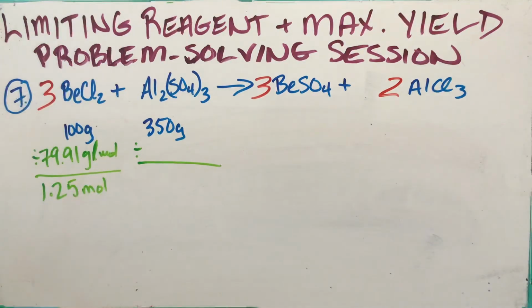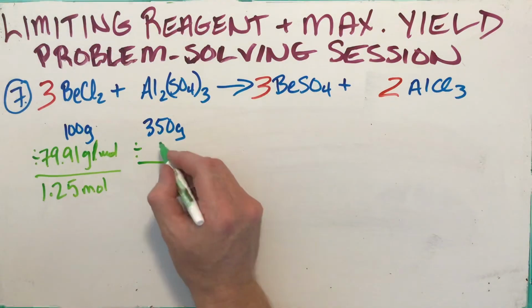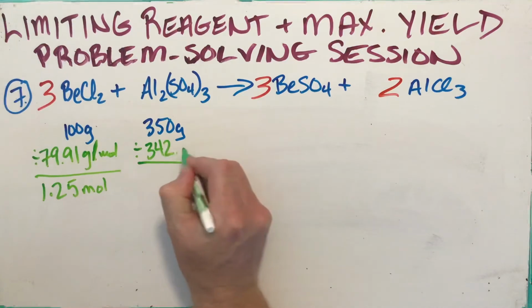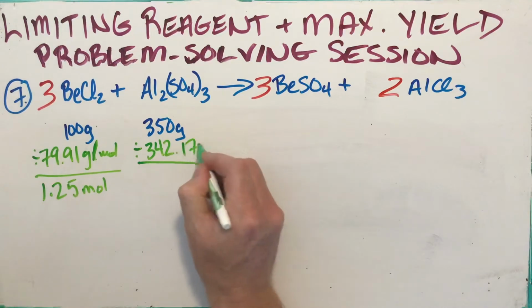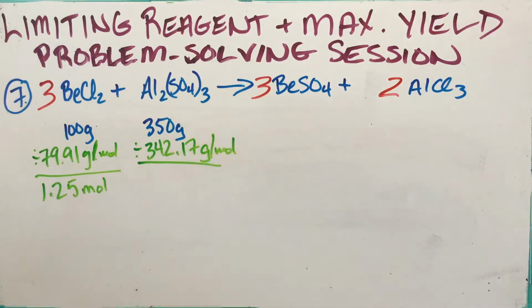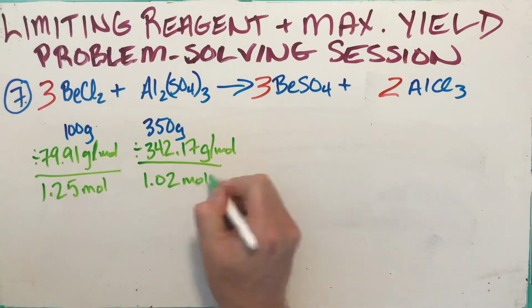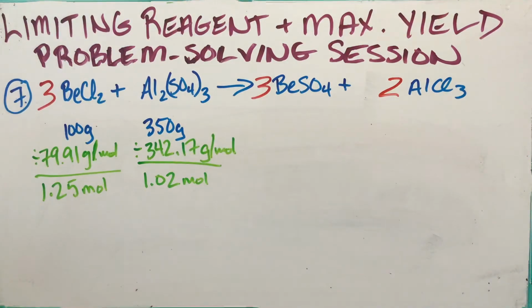Going to take the molar mass of this. When I add up those components using my periodic table and my calculator, I get a molar mass of 342.17 grams per mole. When I divide that out, I end up with 1.02 moles of the aluminum sulfate.